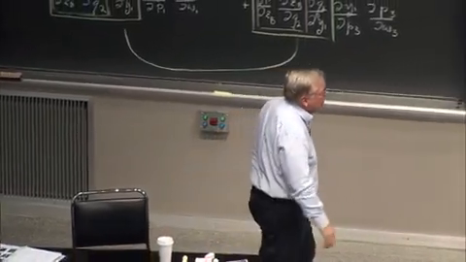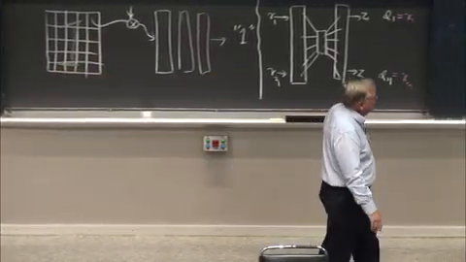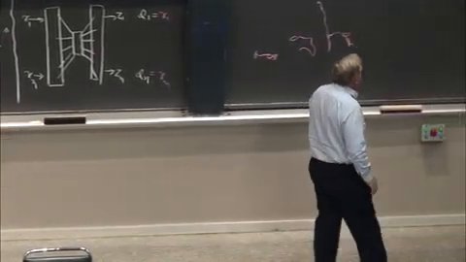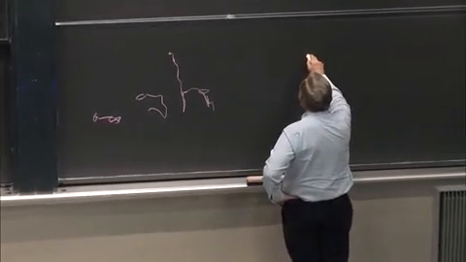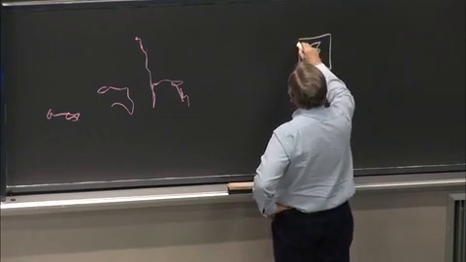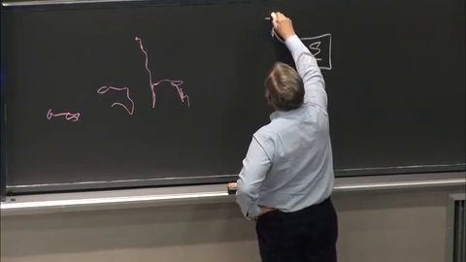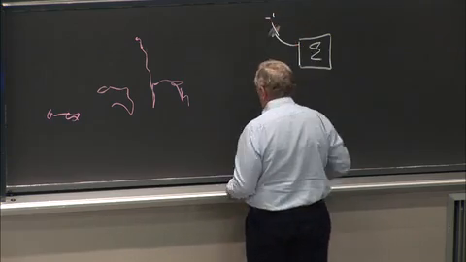Now the next thing to talk about is that final layer. So let's see what the final layer might look like. It might look like this. There's a summer. There's a -1 up here.